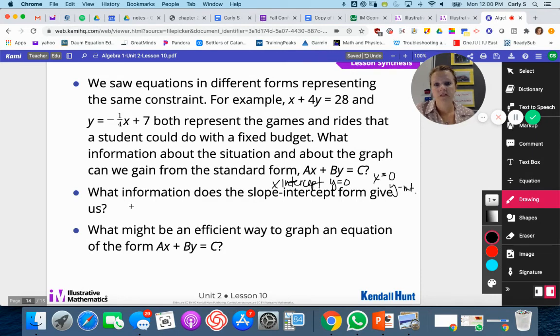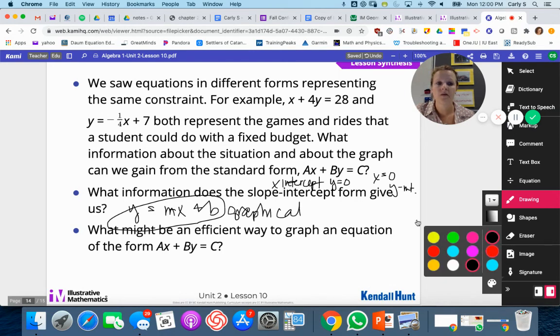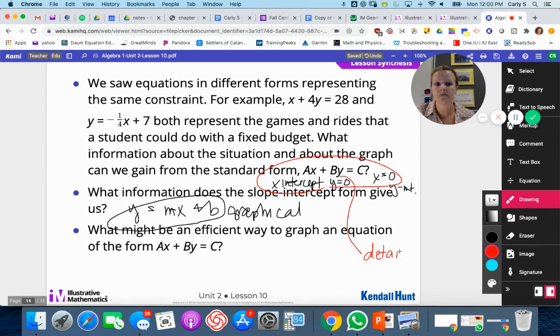And what information does slope-intercept form give? Well, it gives me my slope in m and my b right there staring at me. So this is graphical. I like it because I can graph it very easily. But let's rewind to this one. This one gives me details about the problem, like how much the rides cost, how much the games cost.